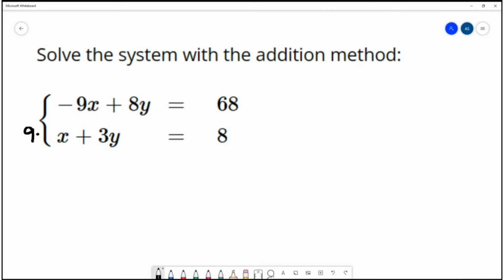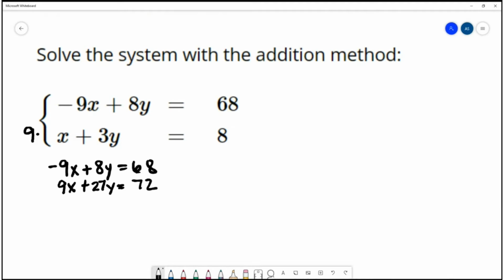So my first equation is not going to change. It's negative 9x plus 8y equals 68. The second equation becomes 9x plus 27y equals 72. So we multiplied a 9 on both sides of the equation to make sure the equation was balanced.